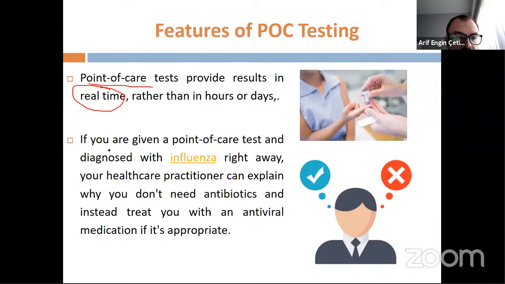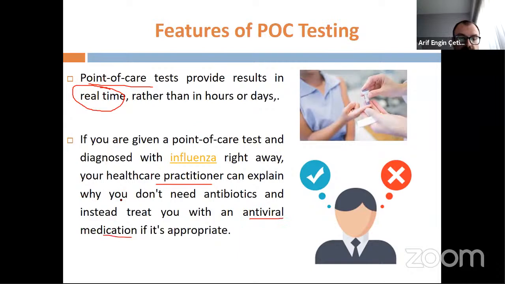So for example, if you take a test for influenza, the healthcare practitioner, that could be a nurse or doctor, can explain why you don't need antibiotics, and instead treat you with antiviral medication.